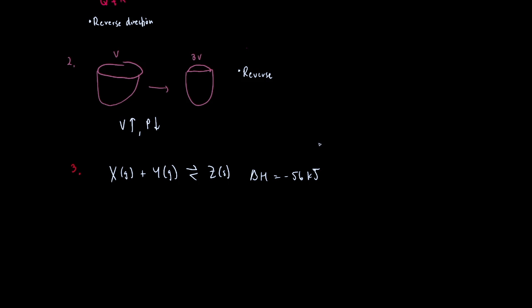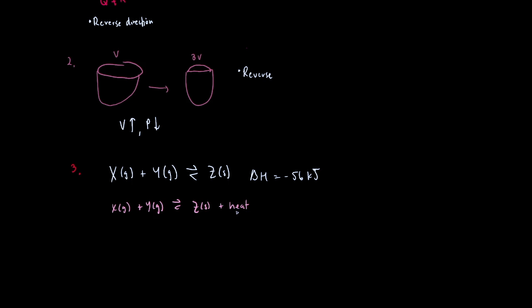What happens, for example, if we decrease the heat artificially or increase the heat? Well, to look at that, we can think of heat as a product or a reactant within a system. We can rewrite this equation as X gas plus Y gas goes to Z solid plus heat.